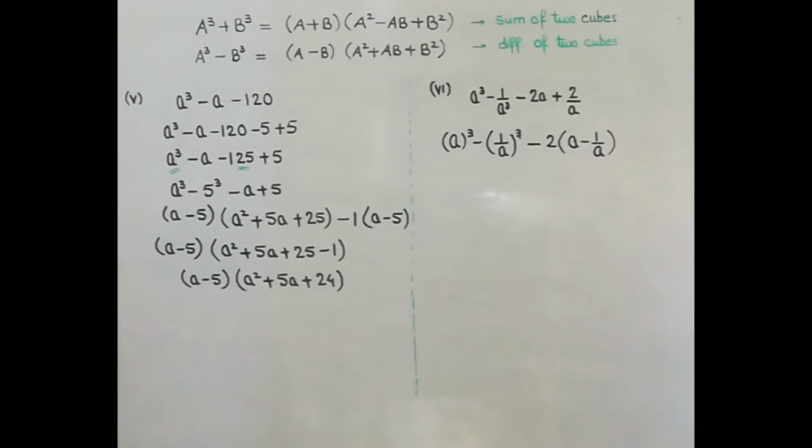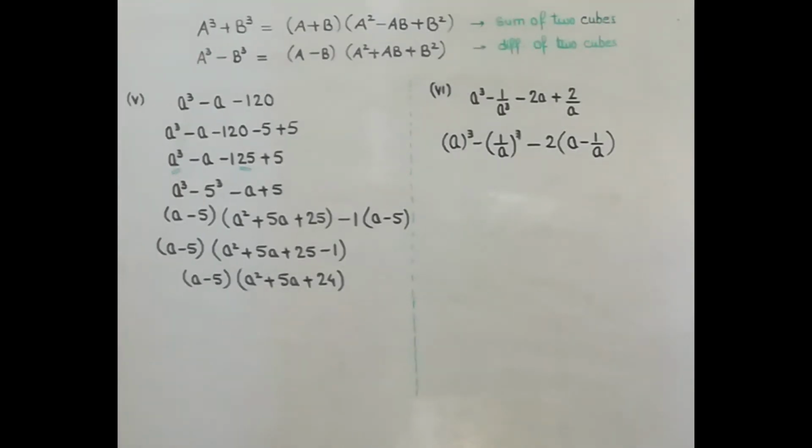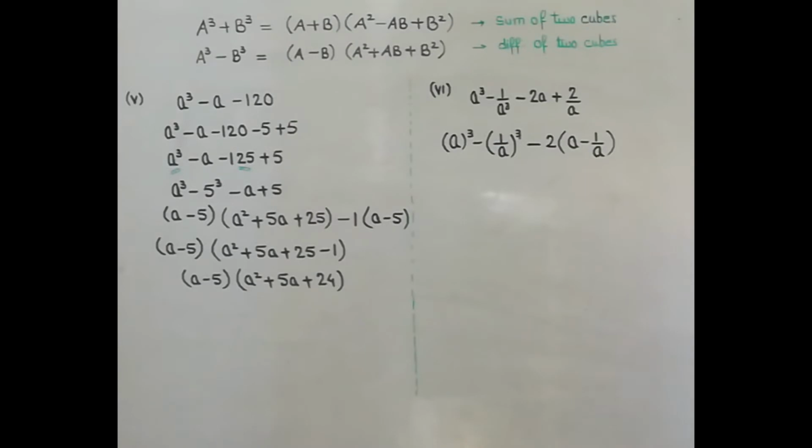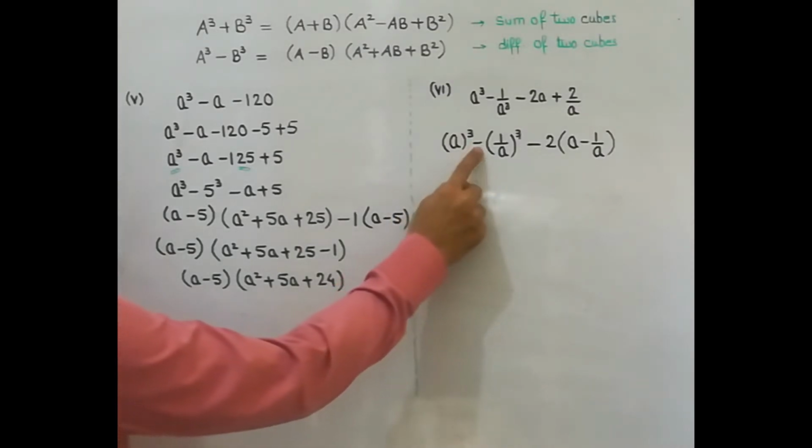You see, this is clear to you. The first group was representing difference of two cubes as it was given in the question already. And in the second group we took minus 2 common, and we are left with a minus 1 upon a. Now in the first group, you can apply the formula a cube minus b cube.